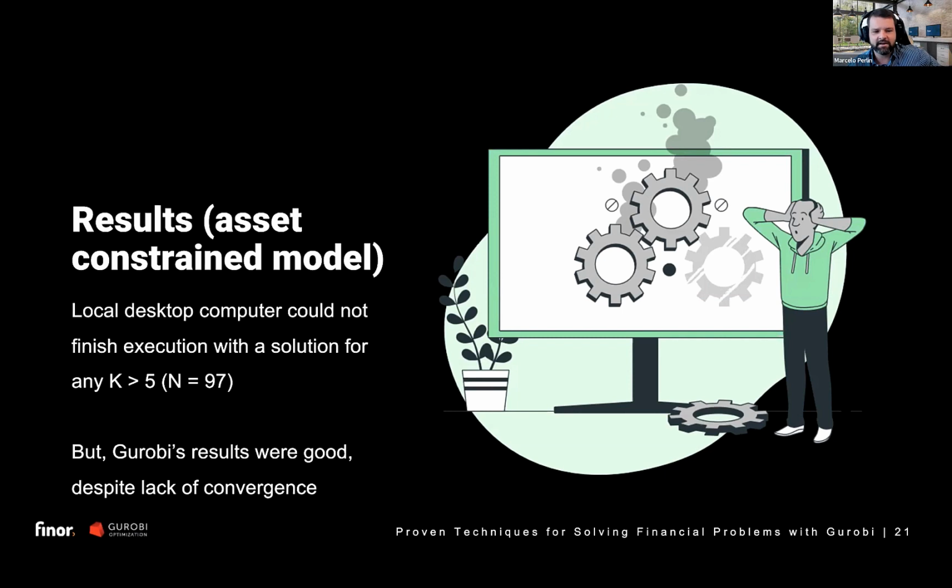But the nice thing is that even though we could not reach convergence of the Gurobi algorithm, because the problem was so large, it's a combinatorial problem, it gets really big and very complex. When you look at the actual results from the first iterations, because when you use Gurobi, you set a time limit for the execution, right? So let's say half an hour, 1 hour, or so on. When you look at these results, even for running about 20 minutes for each fold, they were quite good.